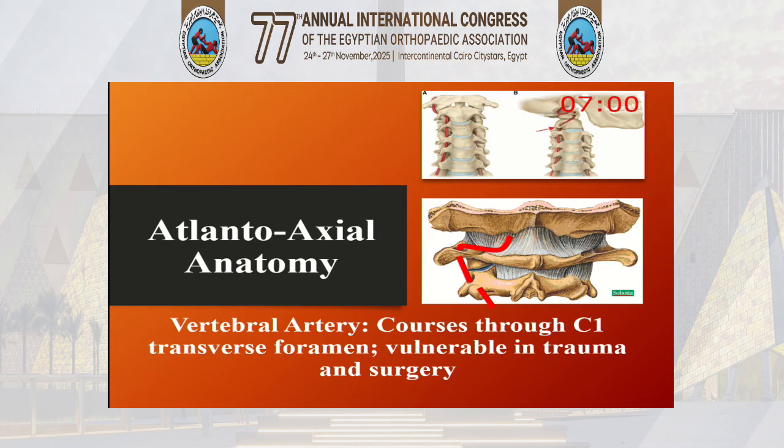Neurovascular relationships: the important part is the vertebral artery, the upper part, which passes through the foramina transversaria of both the axis and the atlas, and it has a tortuous pattern in the posterior occipitocervical membrane, and it is also surrounded by a very tortuous venous plexus.